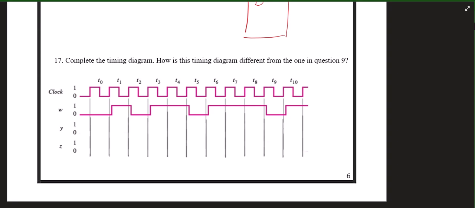So that's Z. Z is our output. So we'll go across here and we'll get a 1 right here at T4 because we have an input of 1 and the previous one was 1. And then again at T7 and T8. And that's it.